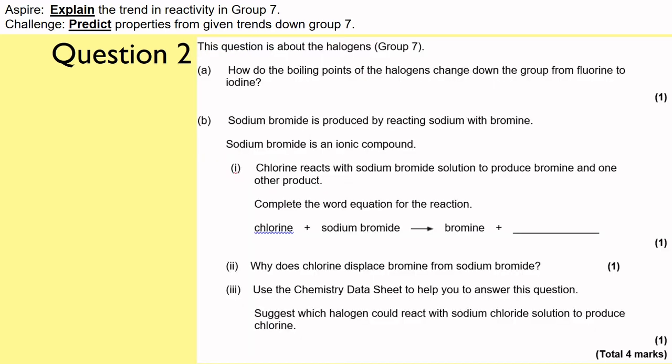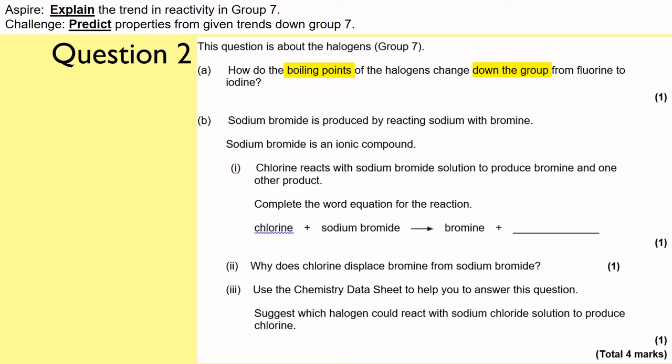Right, a few extra little questions. These are not long answer ones, so I'm going to read through them really quickly and then give you some time to answer them. How does the boiling points of the halogen change as you go down the group from fluorine to iodine? Then they're going to ask us about sodium bromide, which is produced by reacting sodium with bromine. Sodium bromide is an ionic compound.